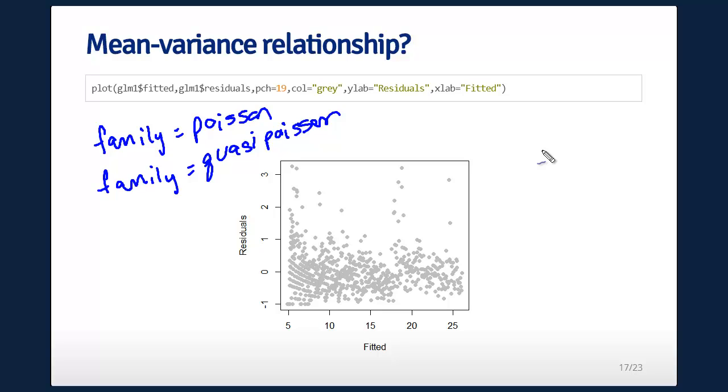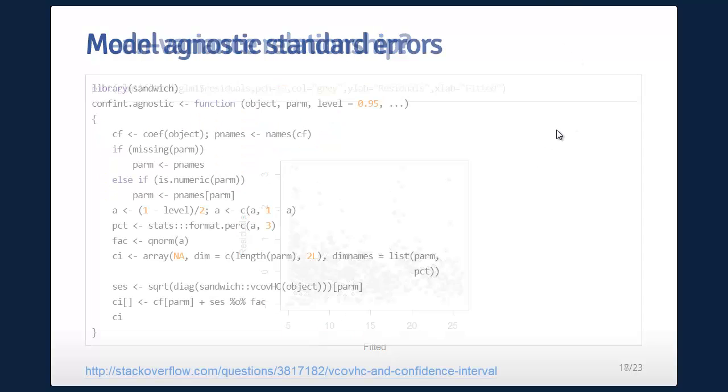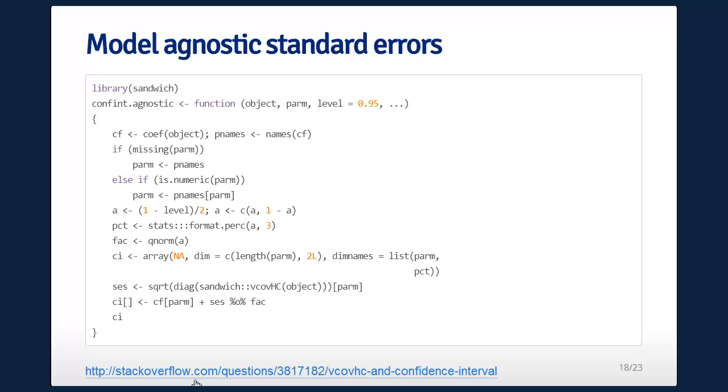in statistics is to get these so-called robust standard errors. Jeff found this answer to this question in Stack Overflow, where you can use these so-called sandwich variance estimates and get a confidence interval that uses these so-called model agnostic standard errors.